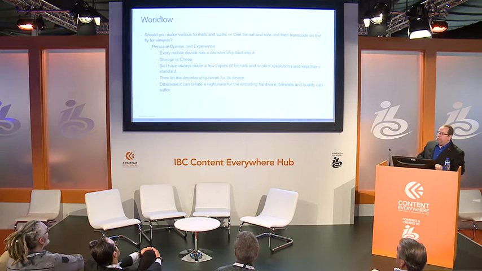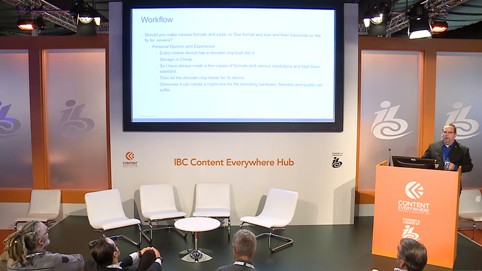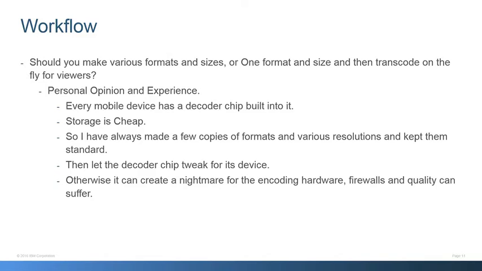All right. So you want to decide on various formats and sizes. Do you want one format and have on-the-fly transcoding for the customer, or do you want to do an MBR and send multiple streams and have more video upload? There are a lot of different options out there.